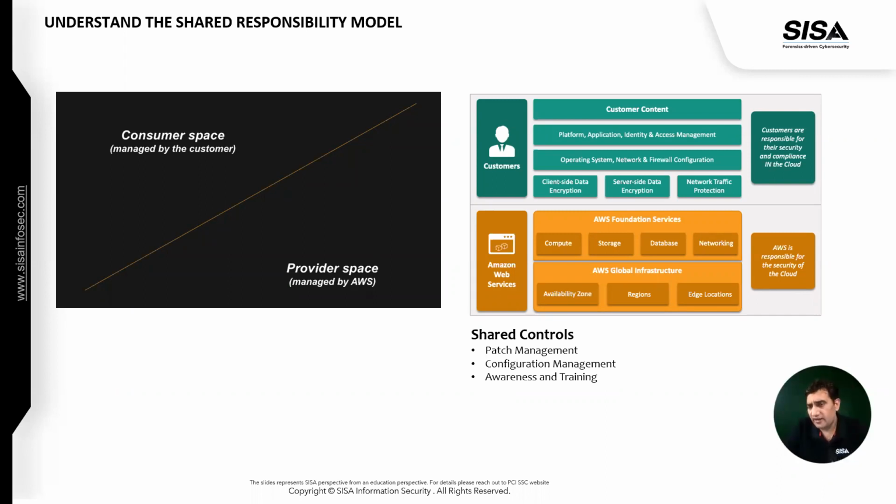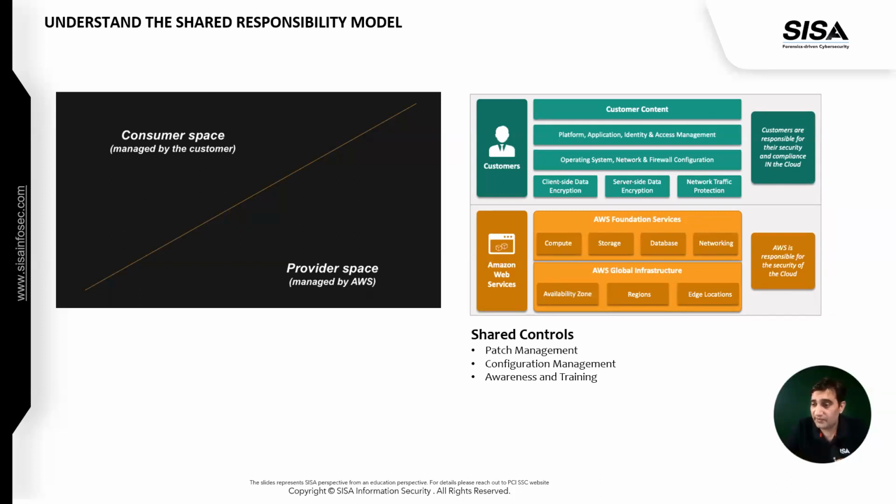You can see a line in between, and it is a little thick. That means there is a level of segmentation or abstraction between these two layers. You have to understand it well. Some services may be completely the responsibility of the cloud service provider, but some may be consumer responsibility as well. There might be some shared controls as well.